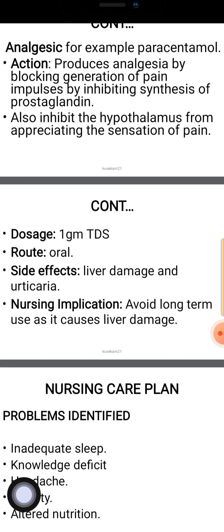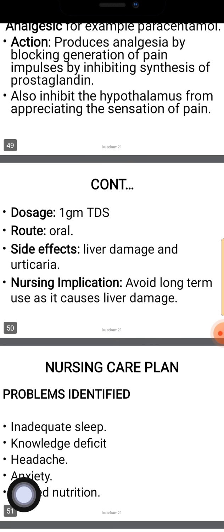It will inhibit the prostaglandin. This prostaglandin makes someone have continuous pain, but when you administer paracetamol, it will inhibit the production of prostaglandin, and the pain will be relieved.